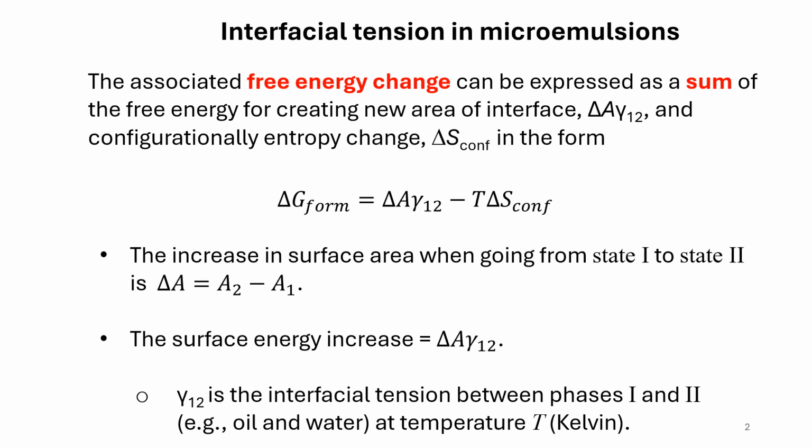The stability of microemulsion stems from the interplay of interfacial tension and also the free energy. Meaning that the free energy will determine the stability of the microemulsion, and it involves parameters such as the change of surface area, the interfacial tension between the oil and the aqueous medium, as well as the change of entropy.